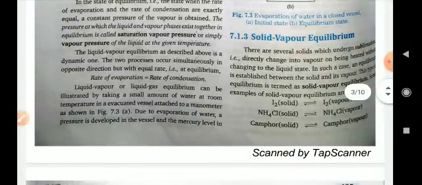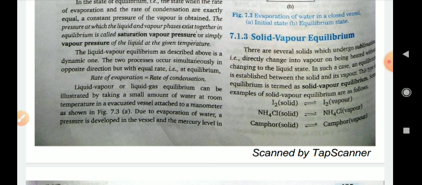Now, solid-vapor equilibrium. There are several solids which undergo sublimation, that is, they change directly into vapor on being heated without changing into the liquid state. Some solids can go from solid to vapor directly without going through the liquid state, and this process is known as sublimation.